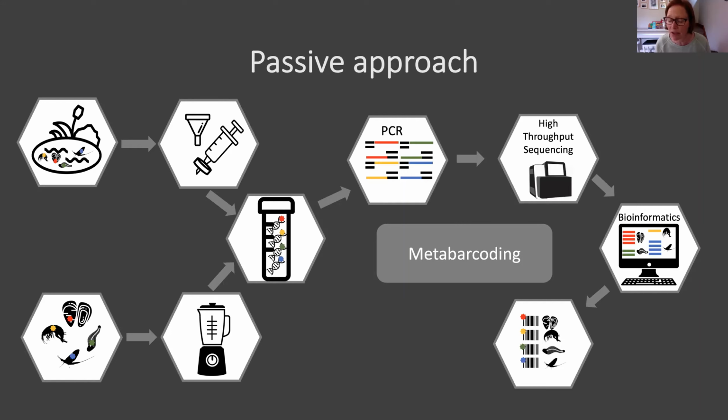So for example, we might use primers that are specific to vertebrates or invertebrates or a particular taxonomic group like mollusks. And then they're thrown on a high throughput sequencer, which generates about 25 million sequence reads in a single experiment. And then just like with the barcoding, those sequences are aligned and assigned using bioinformatics to identify the species that are in that mix.